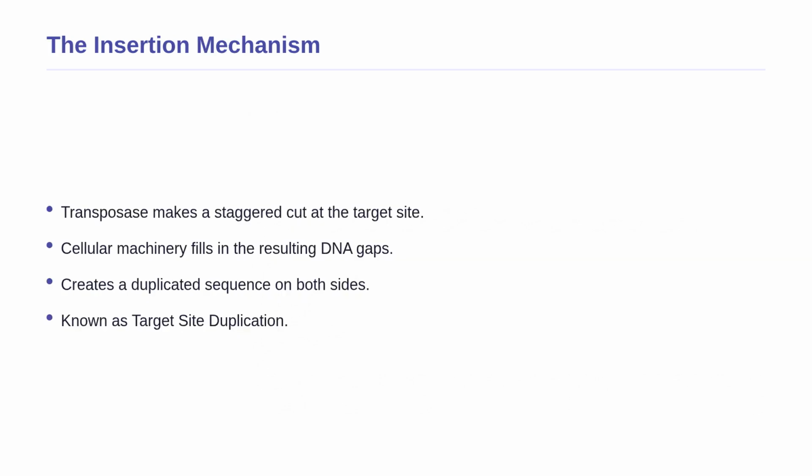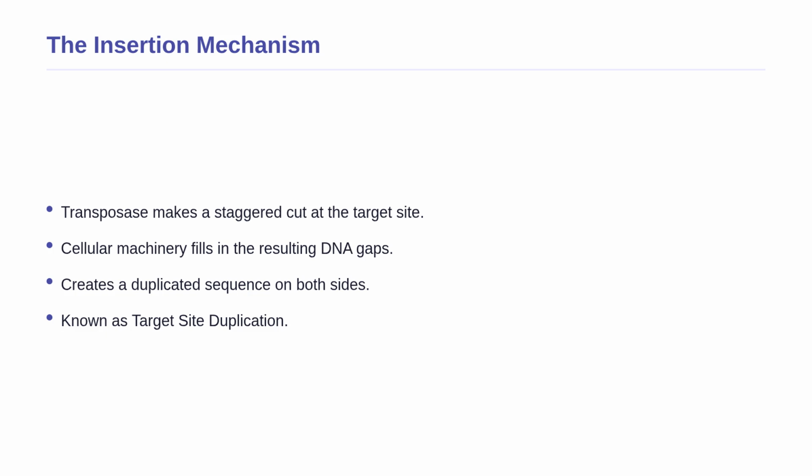Having seen the structure, let us understand how that red section, the target site duplication, is actually formed. When a transposon inserts into a new DNA molecule, the transposase enzyme does not make a clean, straight cut. Instead, it makes a staggered cut at the target site, leaving overhanging edges.